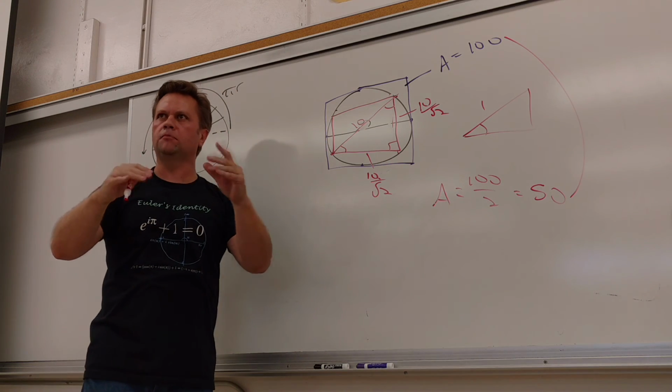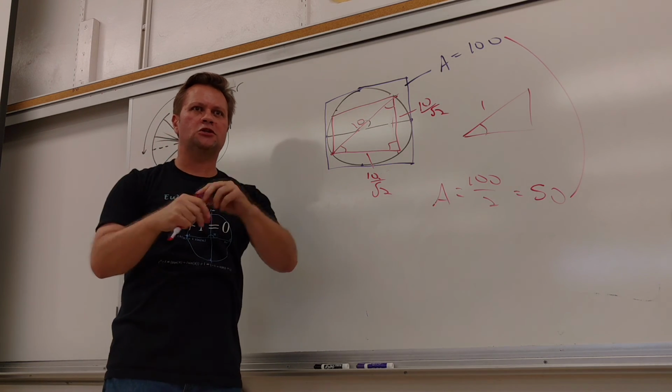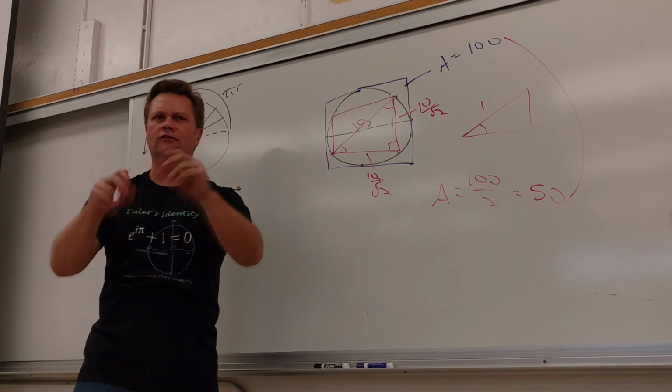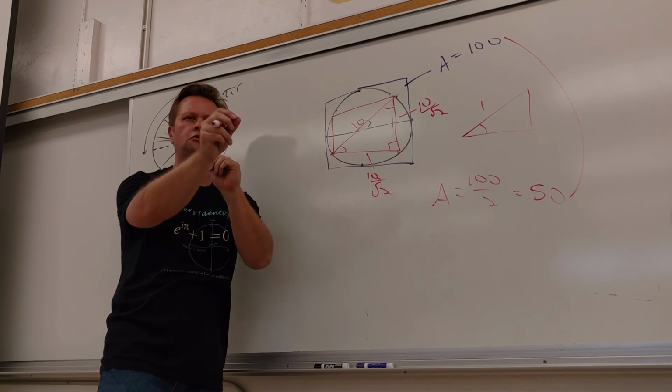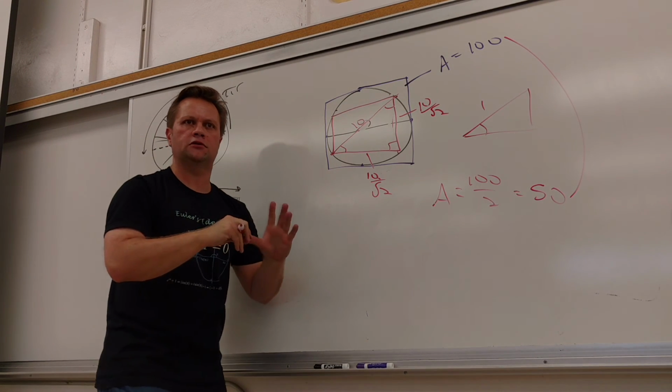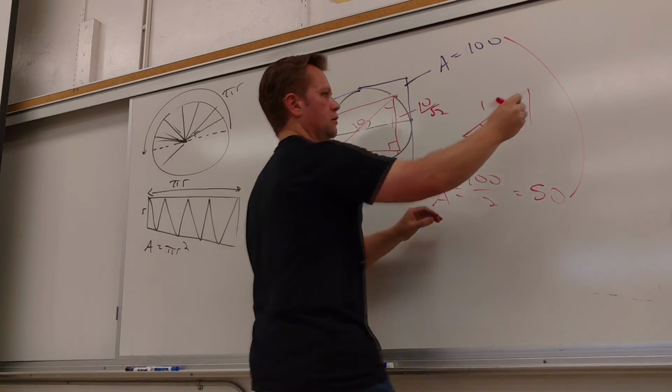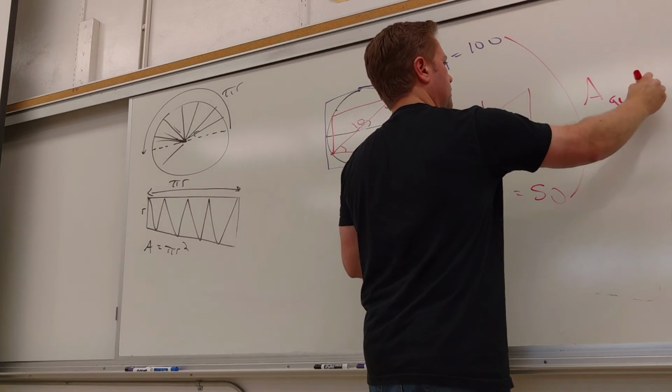So it's a very crude procedure, but it's actually the same procedure we use for functions. We just have a control on how to make the resolution better. Here I don't have a control on how to make the resolution better, really. So what's the average of those two? So the area of my guess is 75.